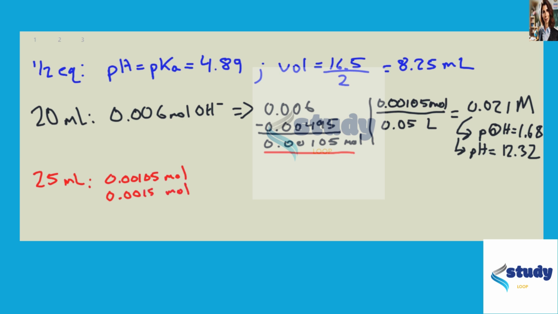So this was excess when we added 5. When we added 20 milliliters, when we add 5 more, this is the excess. So when we add these up, we get 0.00255 moles of excess base, excess hydroxide.